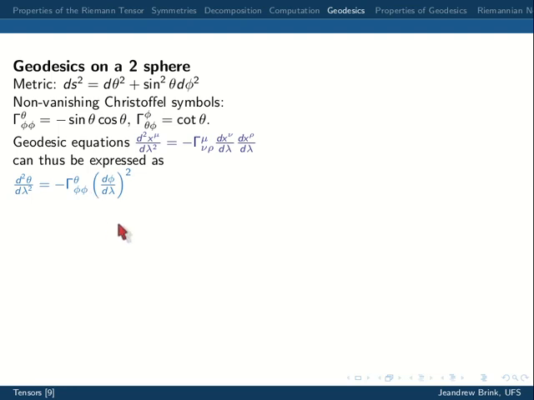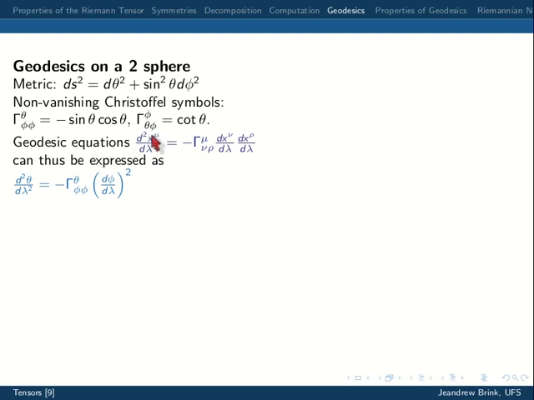Okay, so what we have is our coordinates we can simply call theta and phi. So our first equation is the second derivative of theta with respect to lambda minus, okay, so μ is theta.